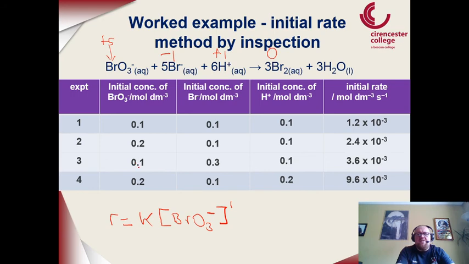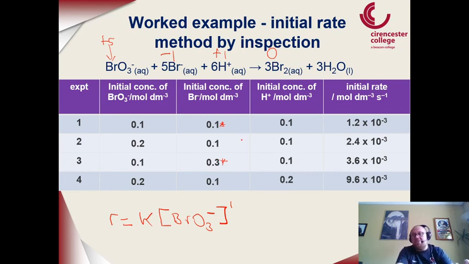So let's have a look at the next one. If I look at this, I've got 0.1, 0.1, 0.1, 0.1, and then we've got 0.1 and 0.3. So I am timesing the Br minus by 3. And I can see if I times this by 3, because I'm just comparing this one here and this one here, the rate goes up by a factor of 3.